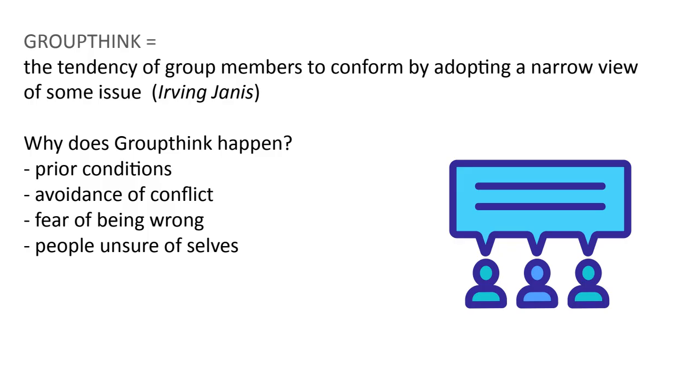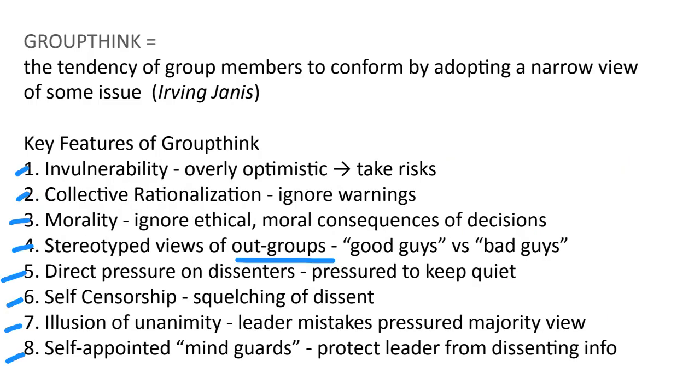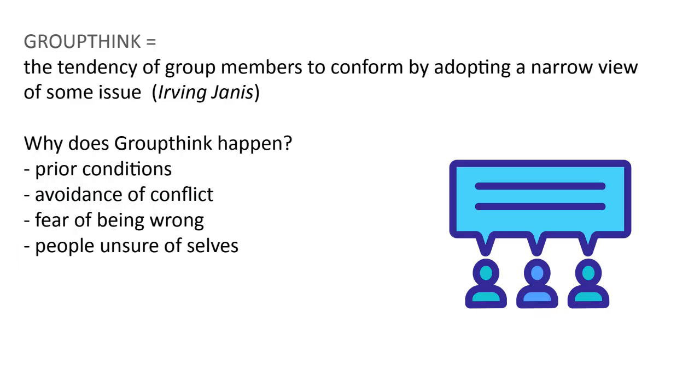Other reasons why groupthink will happen is that people are people, and we generally try to avoid conflict. And as we saw, that leads to self-censorship, and this not wanting to go against the majority. Fear of being wrong and therefore embarrassed in front of the group is a feature of why this will happen.